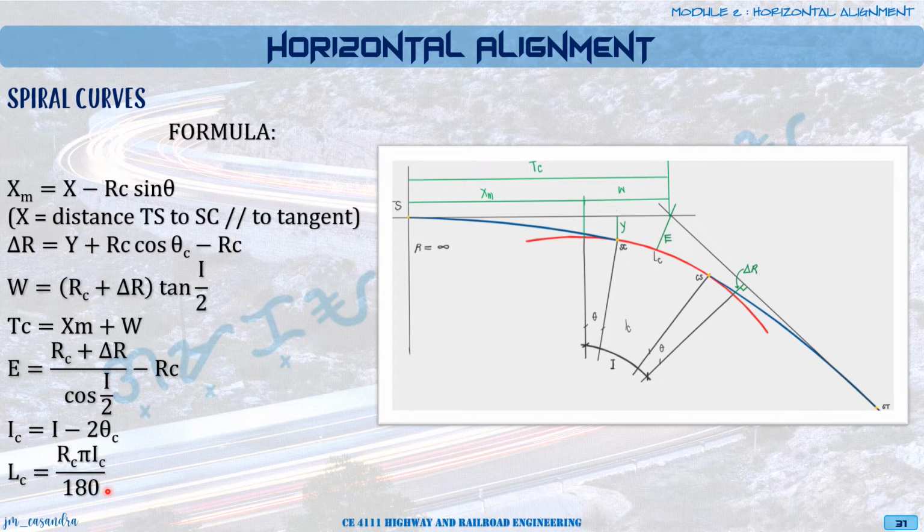And if you want to convert this, we use pi divided by 180. So for a good design, we have to remember that the length of the spiral should be approximately equal to the length of the circular curve. If this is not satisfied, then we have to repeat our process.